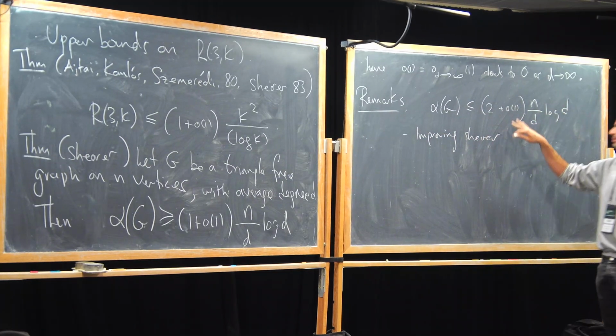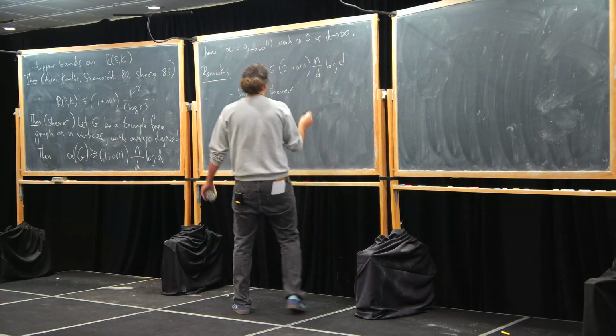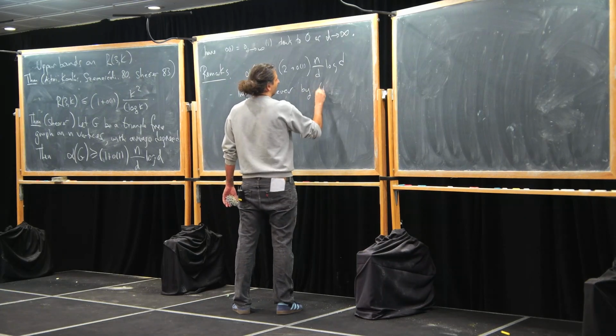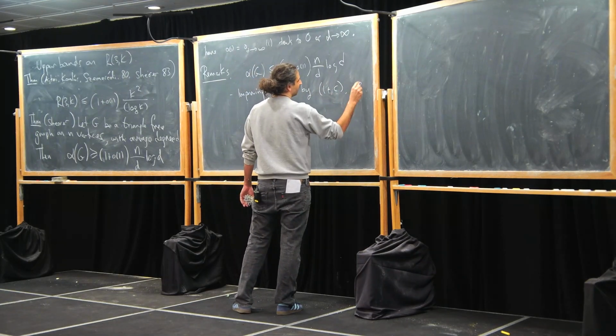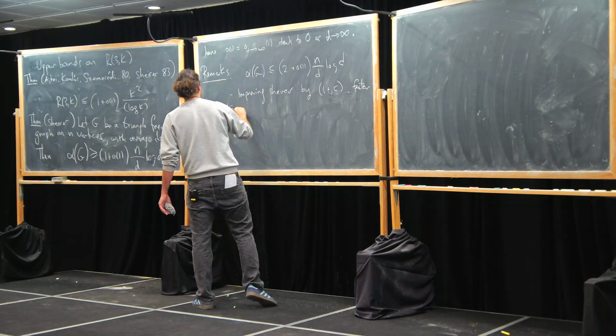Most people believe that maybe something like this is the truth, but it's really not known. Improving Shearer by a 1 plus epsilon factor is a major open problem.